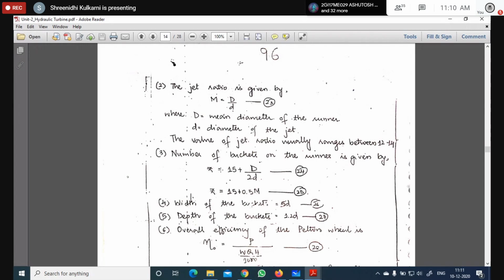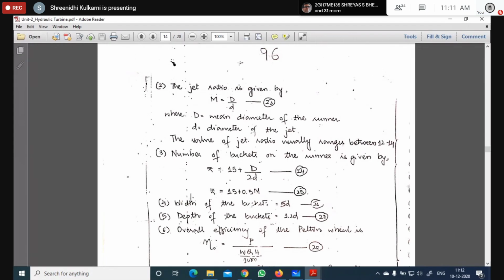The number of buckets or blades on the runner is given by Z is equal to 15 plus capital D by 2 into small d.